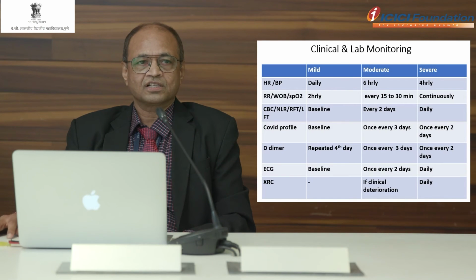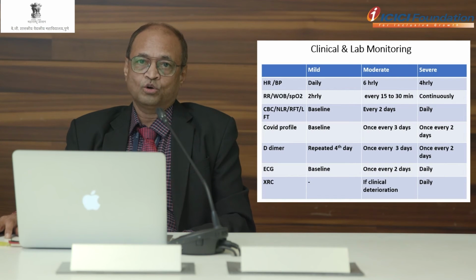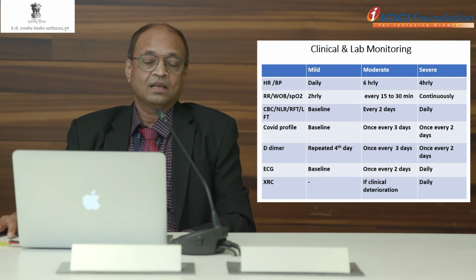We are supposed to monitor certain laboratory parameters like WBC, the NLR, neutrophil lymphocyte ratio, RFTs, LFTs, and the COVID profile, that means the inflammatory markers like LDH, interleukin 6, ferritin and so on. D-dimer, which is a marker of coagulopathy, we are supposed to monitor. ECG we are supposed to monitor, and then X-ray chest.